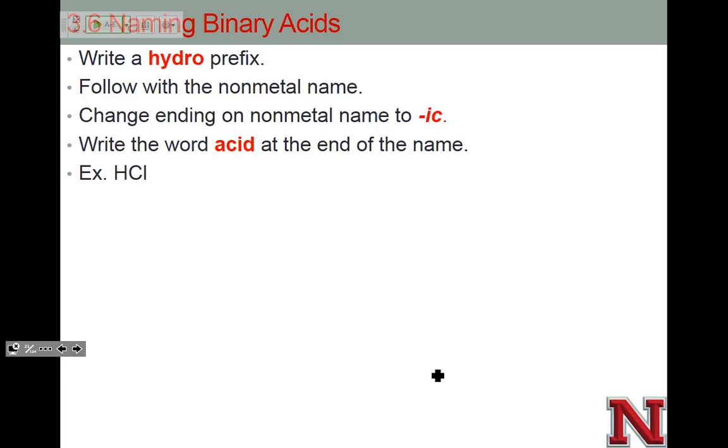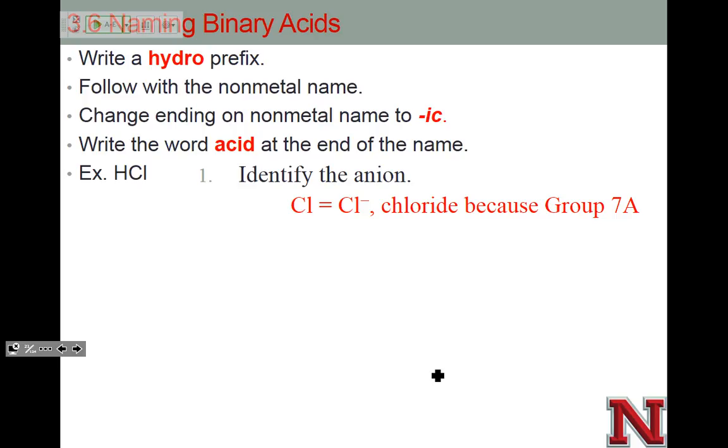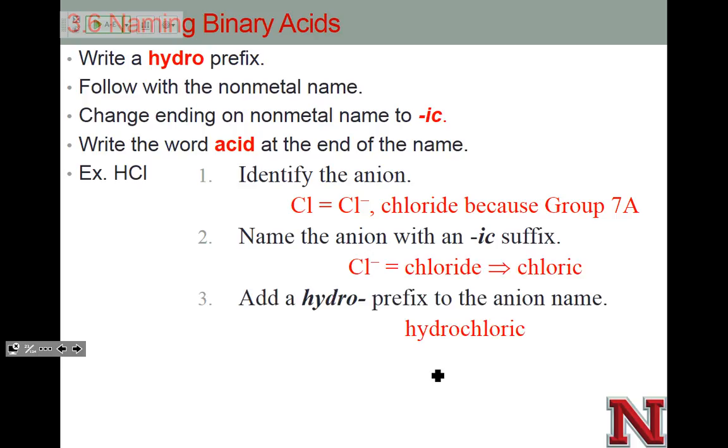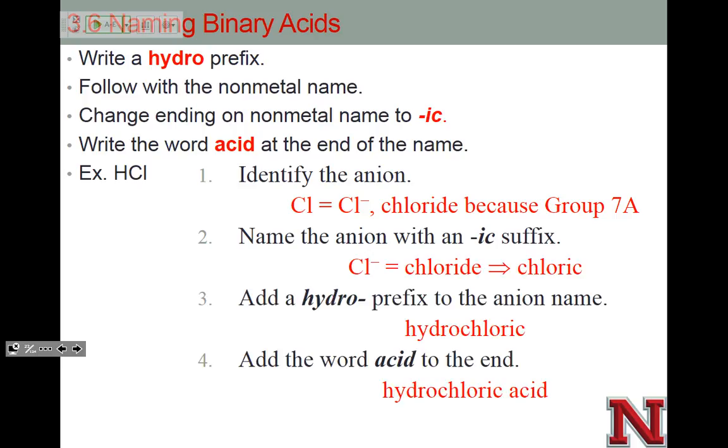So for example, HCl is hydrochloric acid. Our anion is chlorine, because it's in group 7. And then we're just going to change chloride to IC. So hydrochloric acid is how we're going to name it. So binary acids are pretty straightforward to name.